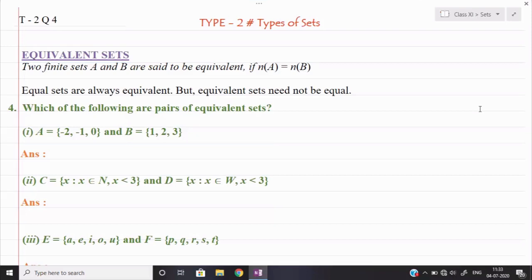For example, suppose set A is equal to 1, 2, 3 and 4. 4 elements we have been given. And B is equal to the elements a, b, c and d.